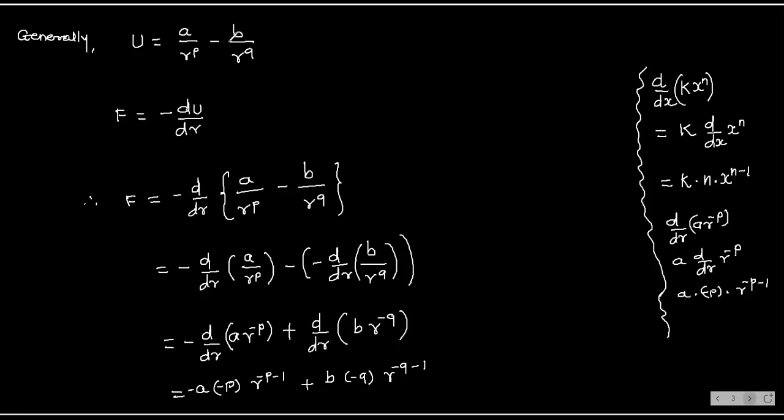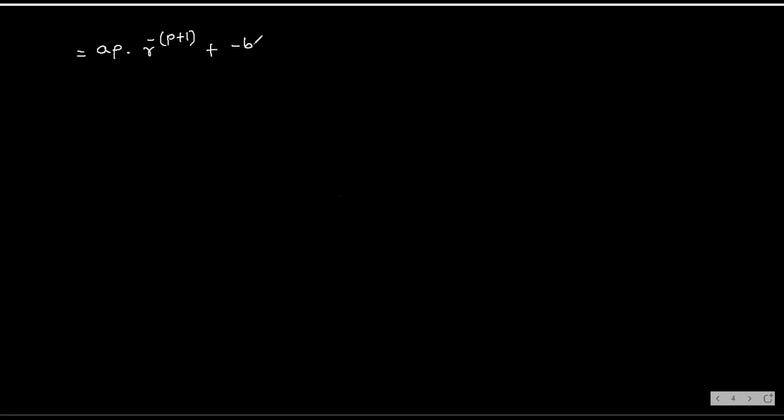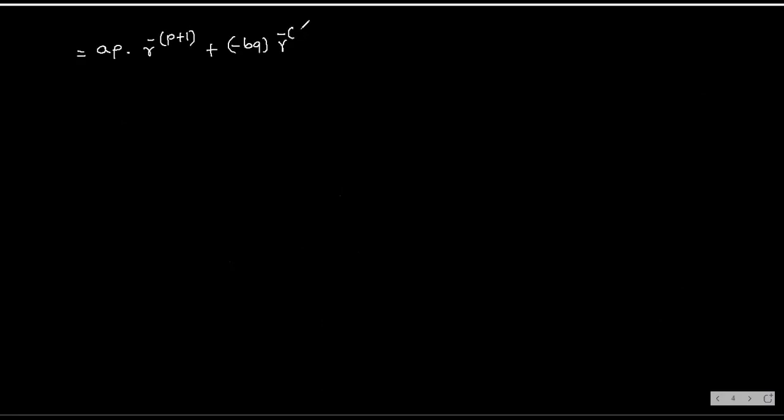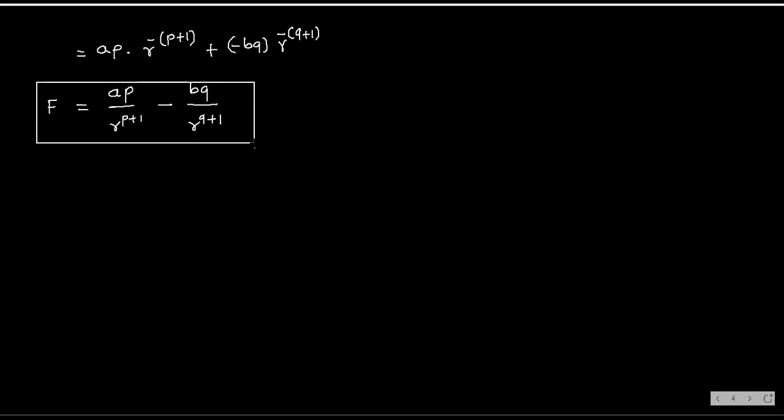So minus BQ into R^(-(Q+1)). Now any negative power we should write in the denominator, so AP/R^(P+1) - BQ/R^(Q+1). This is your force. If this form is there, you should do it like this.